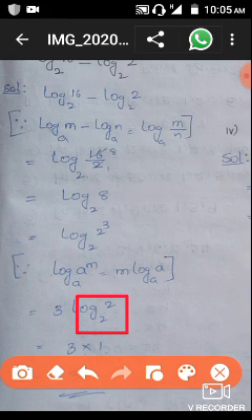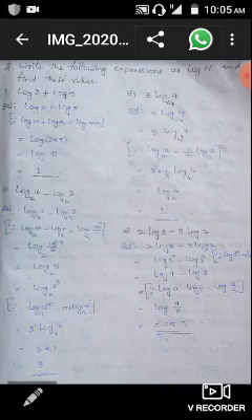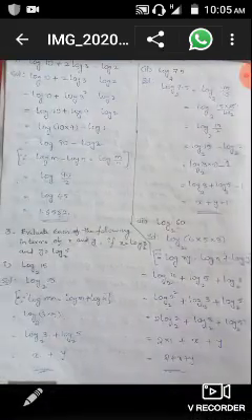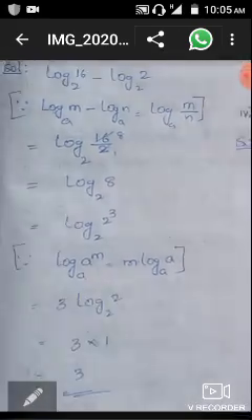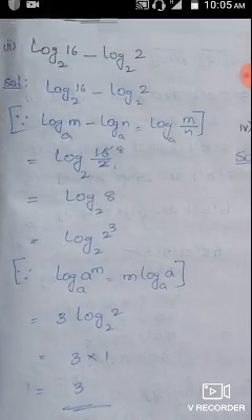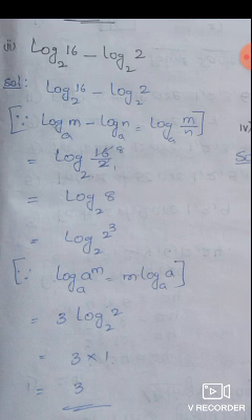We know that the value of log 2 base 2 equals 1. So in the next step, 3 into 1 equals 3. This is the answer.